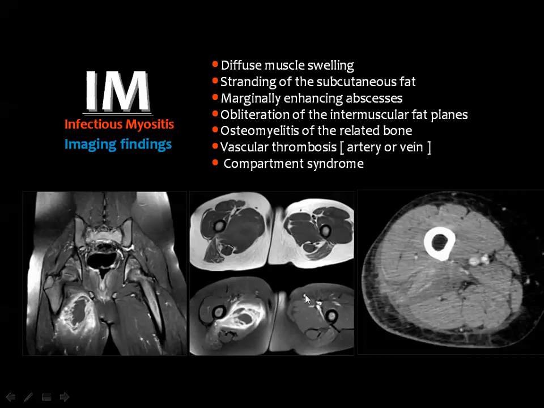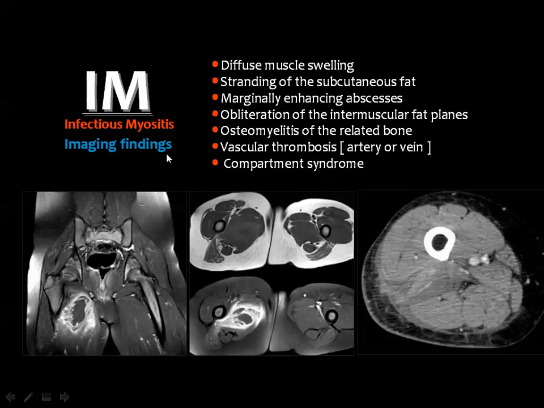And this is also an example of infectious myositis with localized abscess formation in the medial aspect of the upper thigh, showing low signal in the T1, high signal in the T2, and marginal post-contrast enhancement.